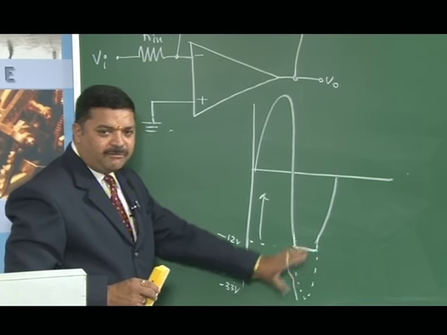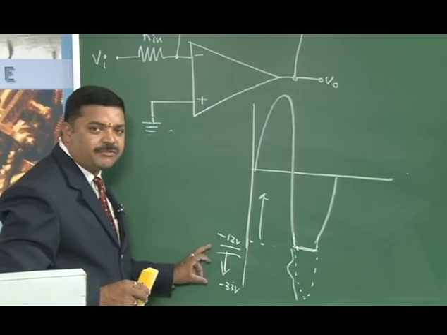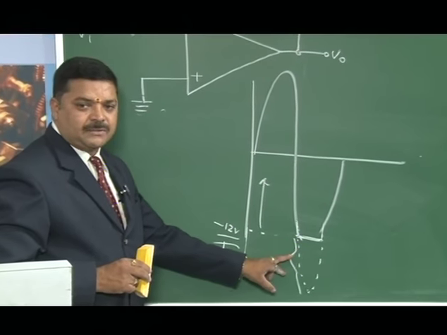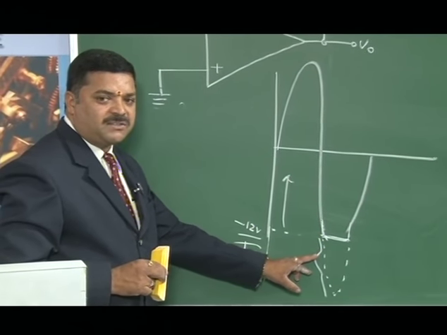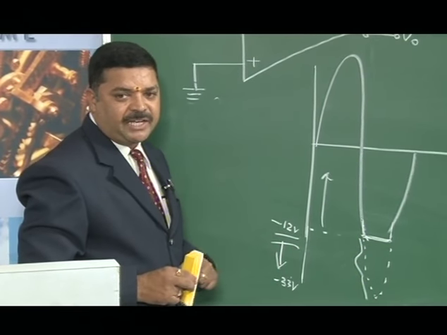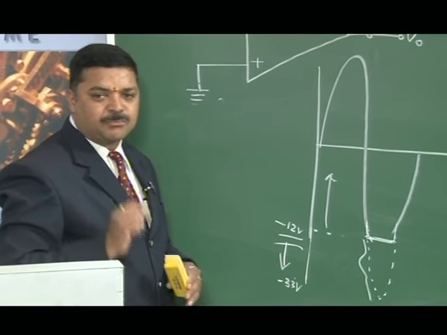So, we have to leave such cases if we come across such situations practically. Vi is equal to minus 3 volts is not valid as far as the non-inverting amplifier is considered for this problem, right.